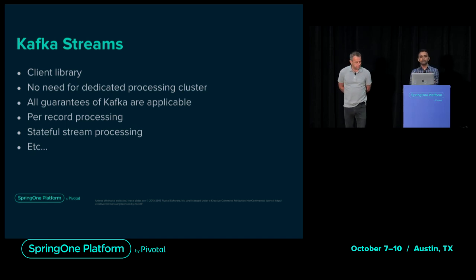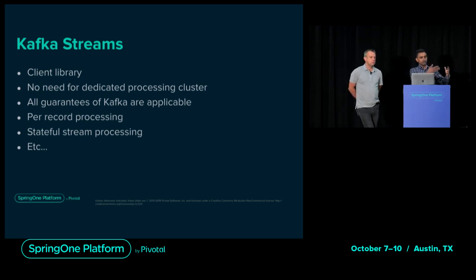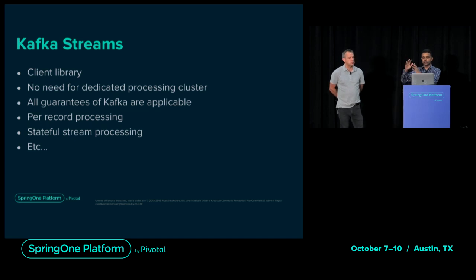So I think one big benefit of using Kafka Streams for stream processing is that you don't need a separate dedicated processing cluster. For example, if you use Apache Flink or Spark Streaming, as you know, it involves its own operational issues, and you need a separately dedicated processing cluster.